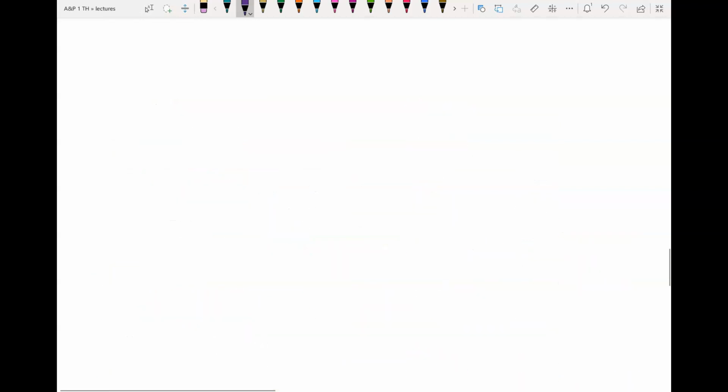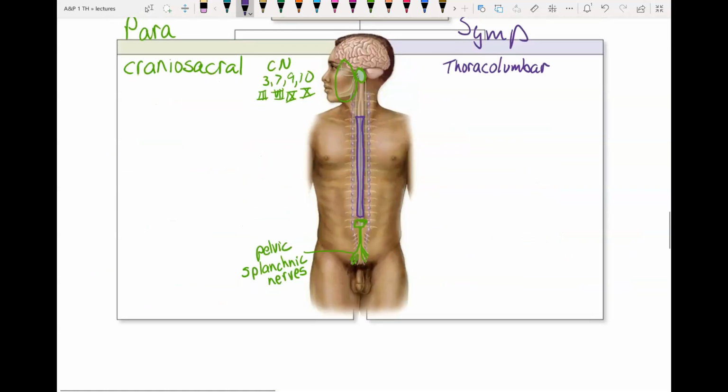So if we come back up to this picture, these dots that you see here are the sympathetic trunk ganglia. So for sympathetic, the preganglionic axon is right here, these little short brown stubs. It's very short. Then your postganglionic goes from there all the way out to the effector.